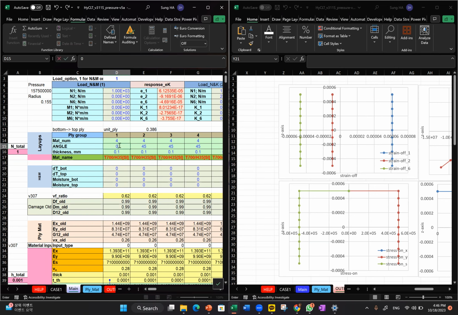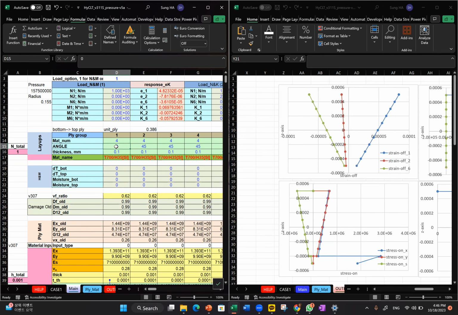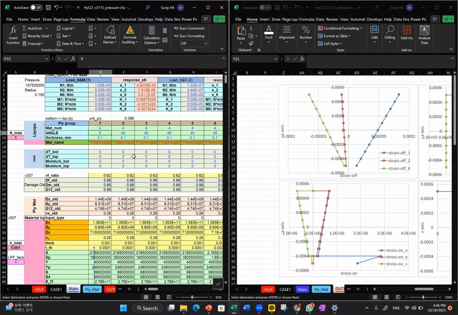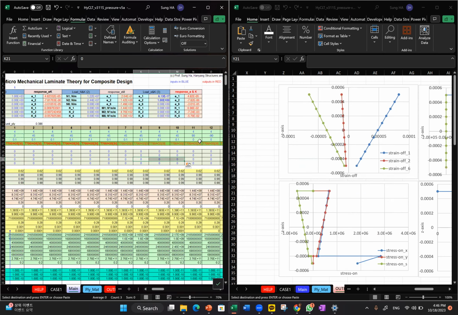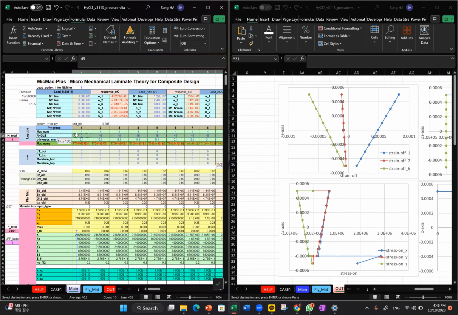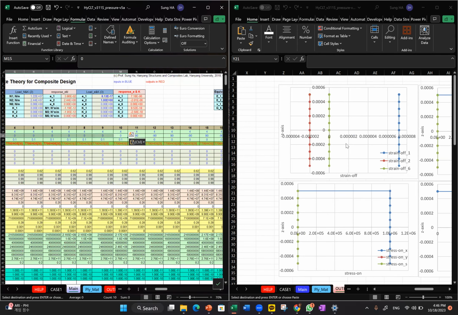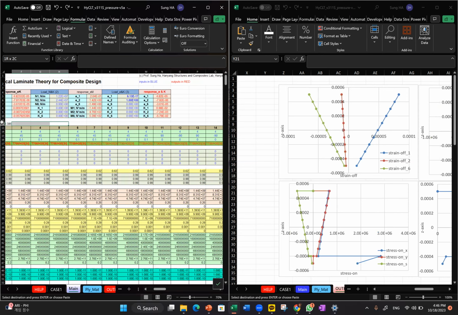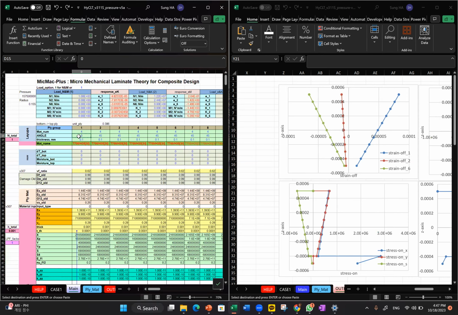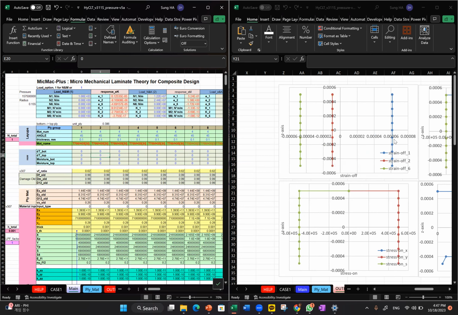Again, if we enter 0 degree here, as you can see, shear strain will not be generated. But if we have an off-axis strain like that, you can see that we have a shear strain.